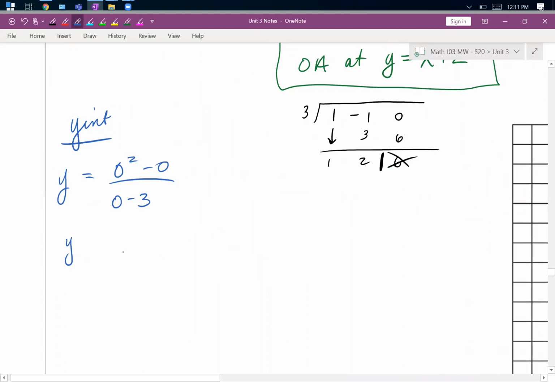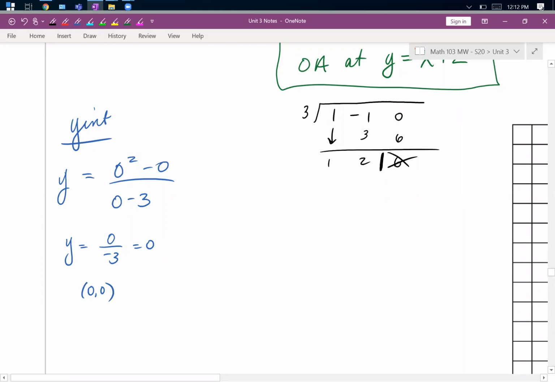This gives us y equals 0 over -3, which is 0. We get a y-intercept of (0, 0). You could have skipped the work on finding the y-intercept, because if there's an x-intercept of (0, 0), there's automatically going to be a y-intercept of (0, 0) as well.